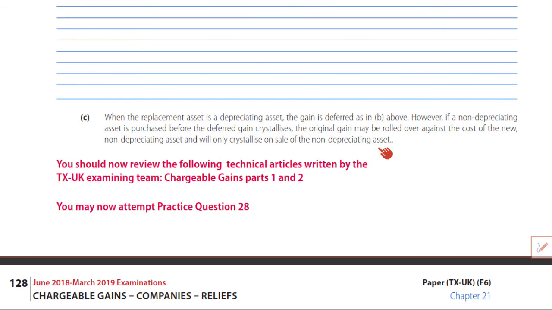And that will only crystallise, of course, on the sale of that asset. So you might get freehold to leasehold to freehold, where going from freehold to leasehold it was only holdover, but because you've gone back to a non-depreciating asset, another freehold, before the deferred gain crystallised, you're able instead to roll over.